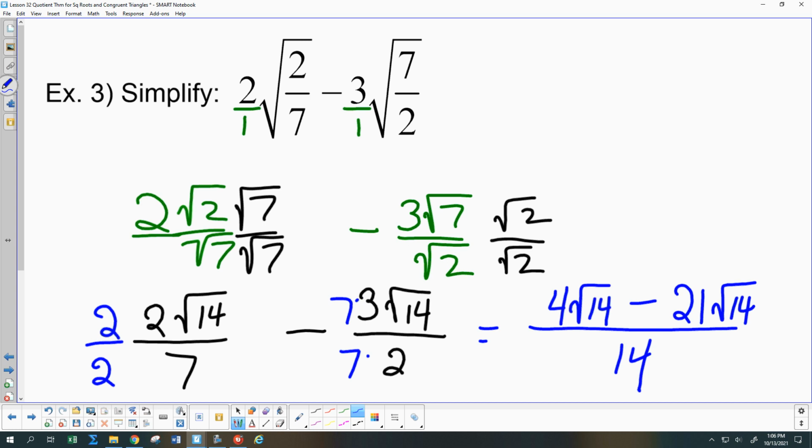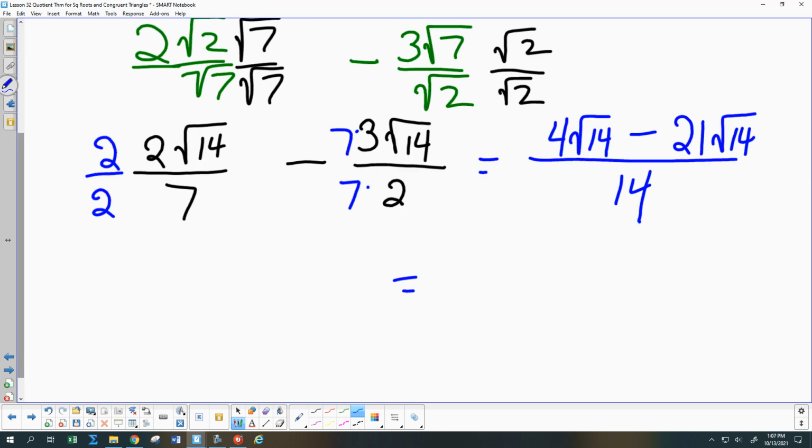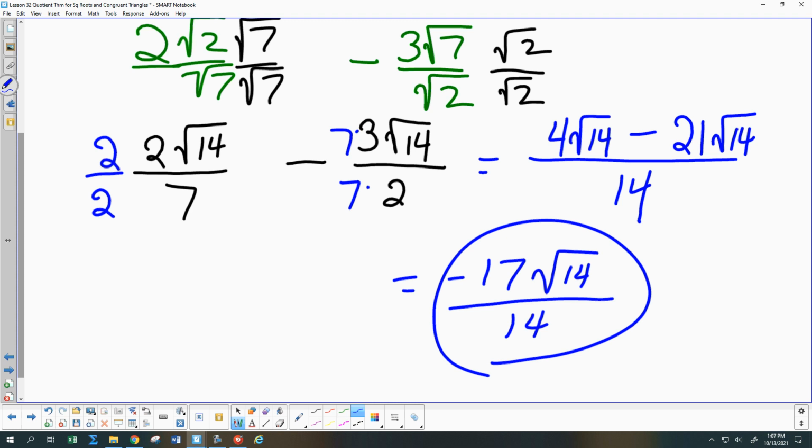Be careful, what is 4 minus 21 that we have in front of that root 14? Mateo, what's 4 minus 21? So final answer, negative 17 root 14 over 14. Everybody good with that?